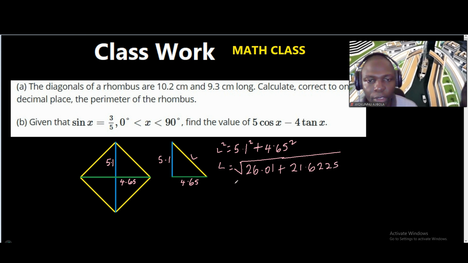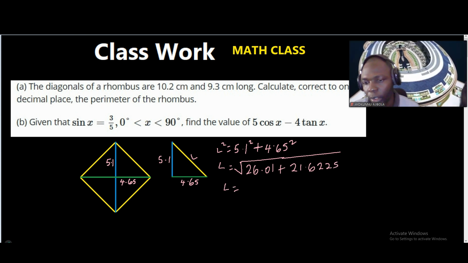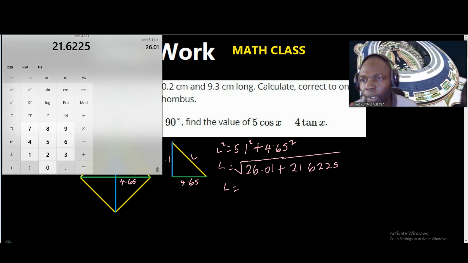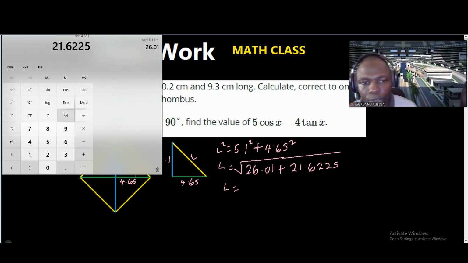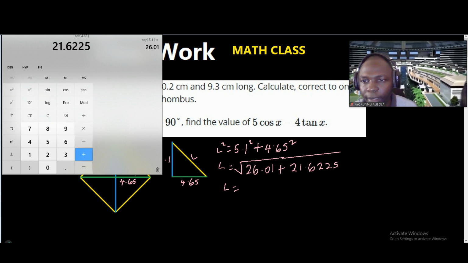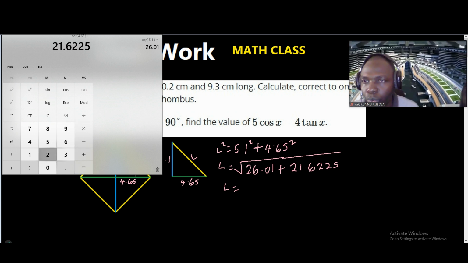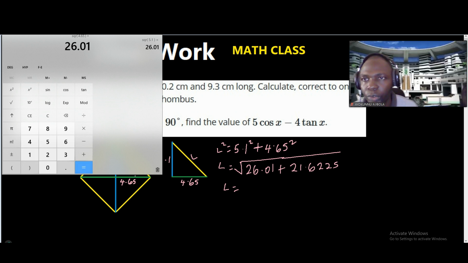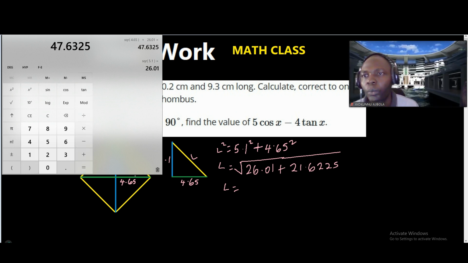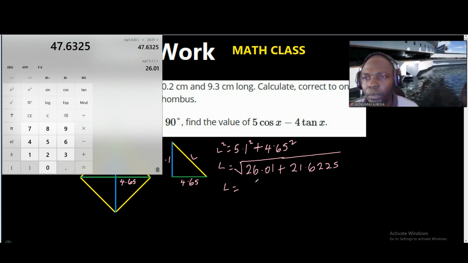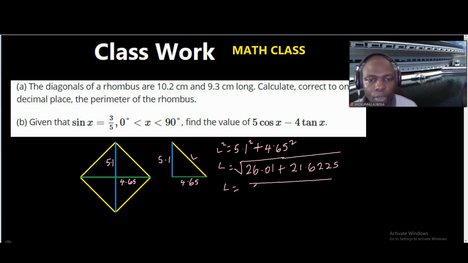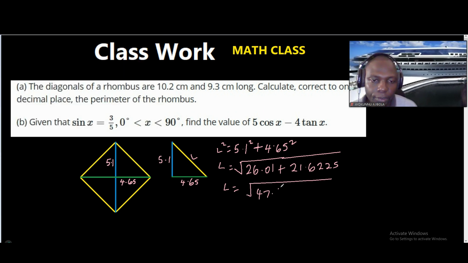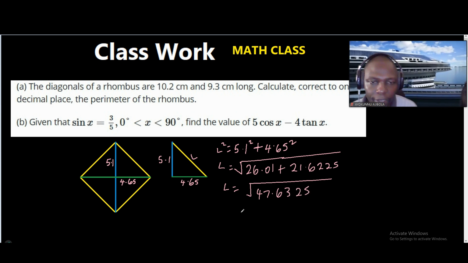So we're going to add this together and find the square root to get the length. 21.6225 plus 26.01 gives us 47.6325. So we need the square root of 47.6325.